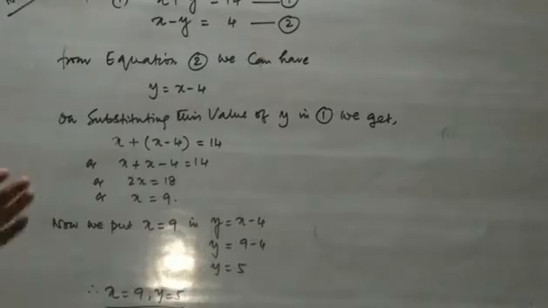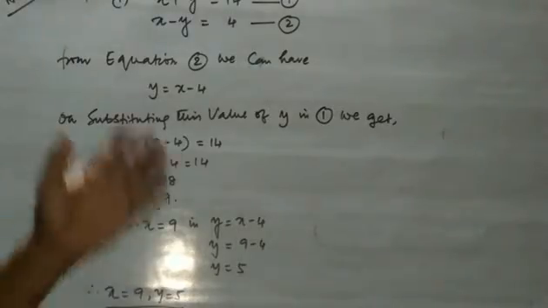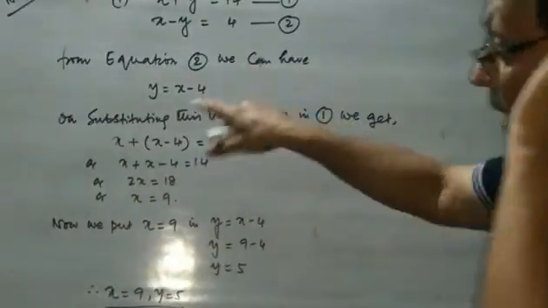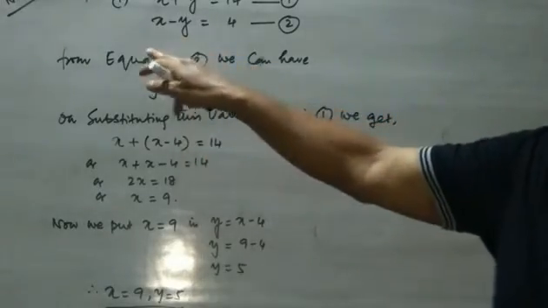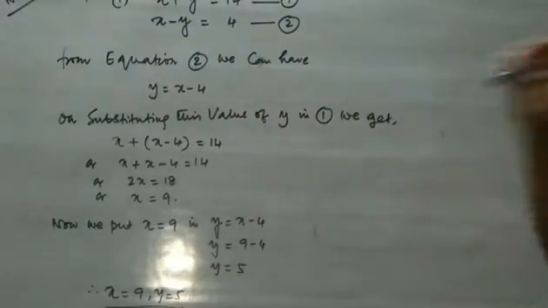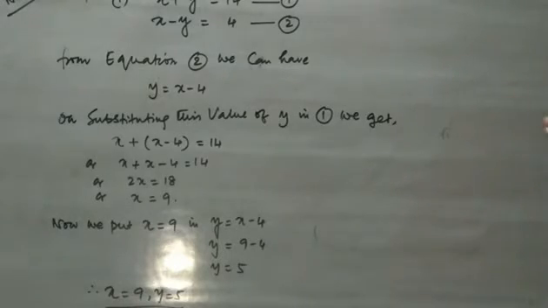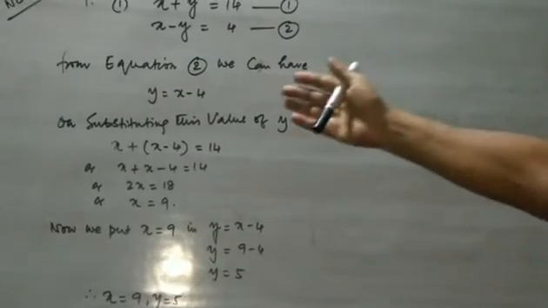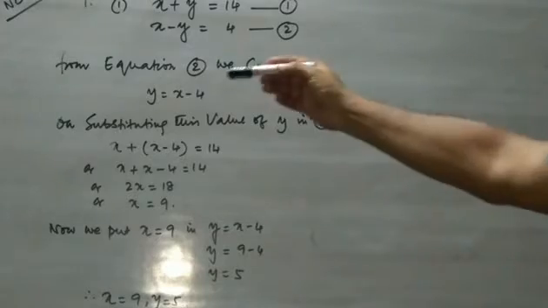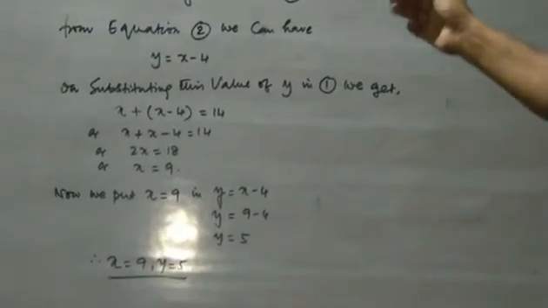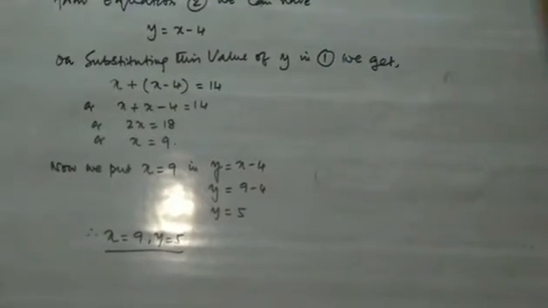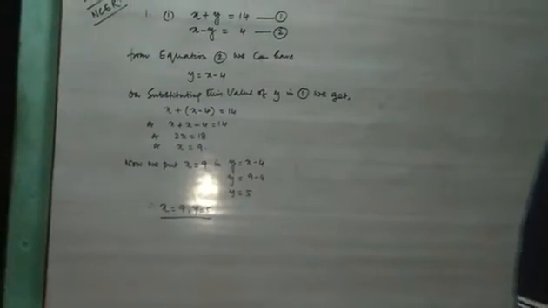So this is known as the substitution method. This type of transposition, this type of expression of x in terms of y, you can do, or y in terms of x. I have done y in terms of x from 2, and that's why I have substituted that value in equation number 1.